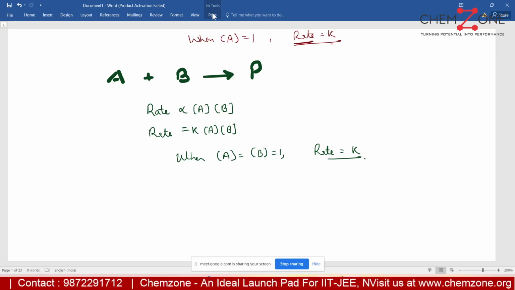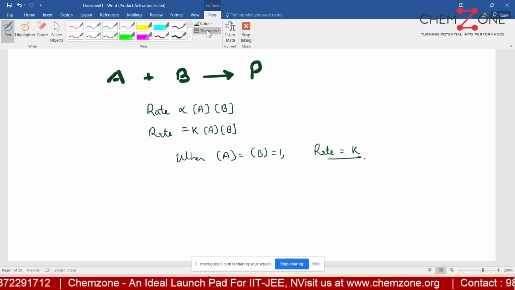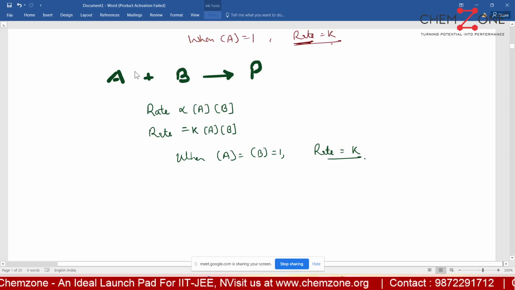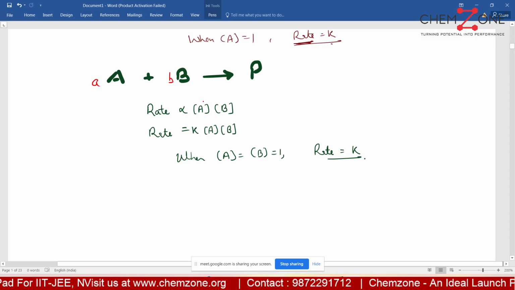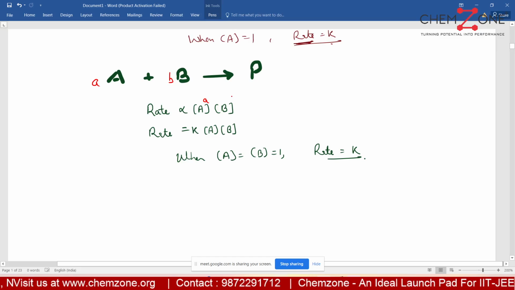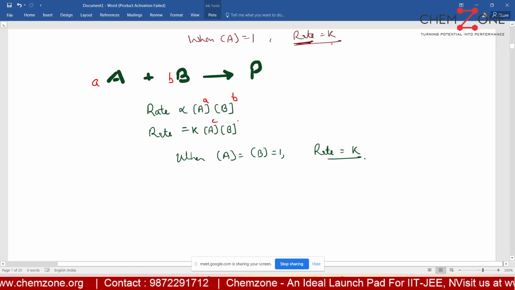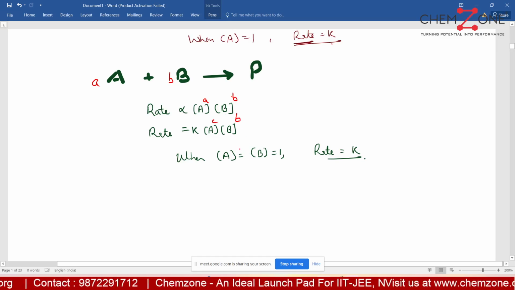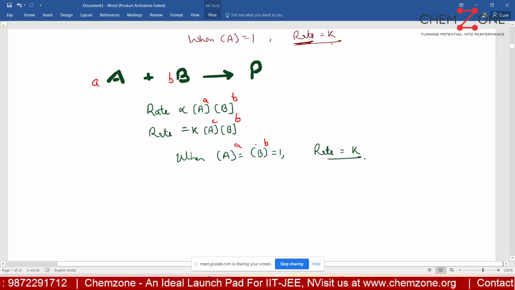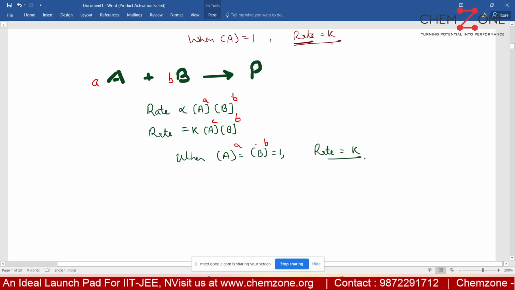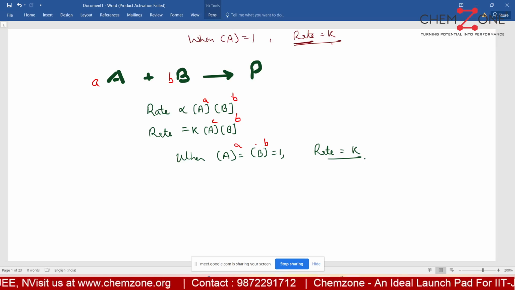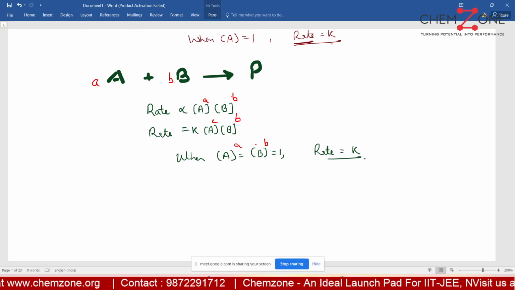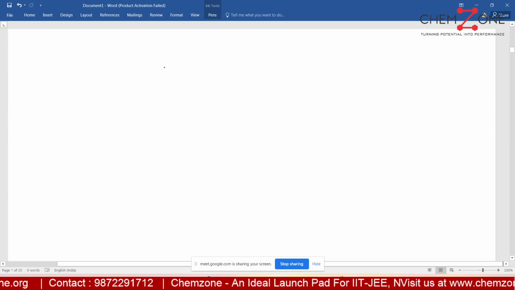Now, suppose I have a moles of A and b moles of B. Then rate is directly proportional to [A] to the power a, [B] to the power b. Rest is all same. Am I clear?